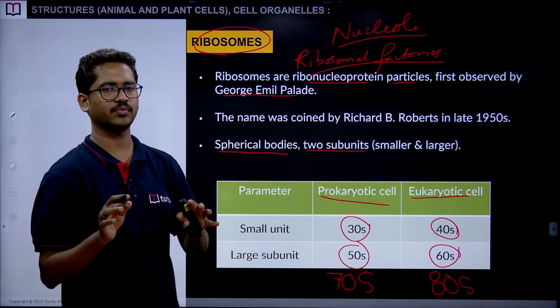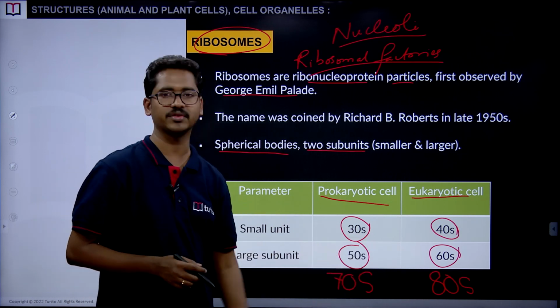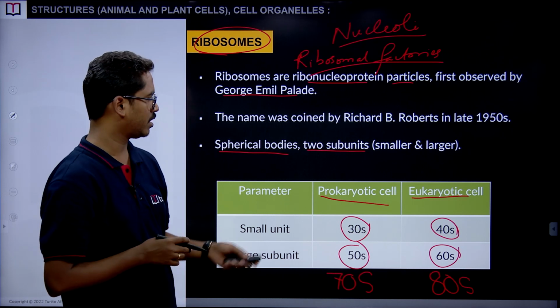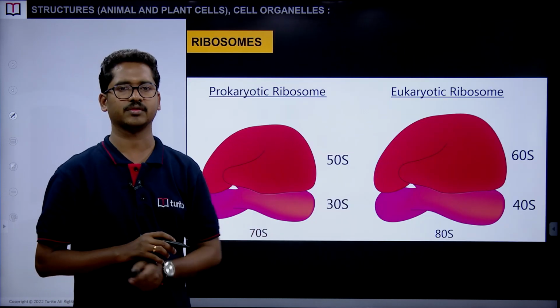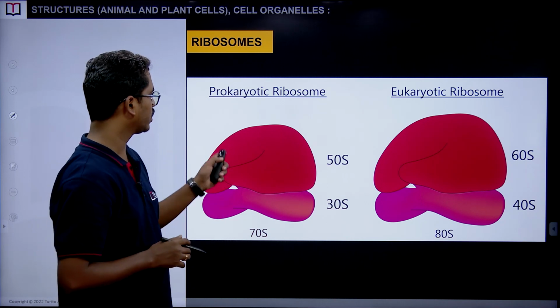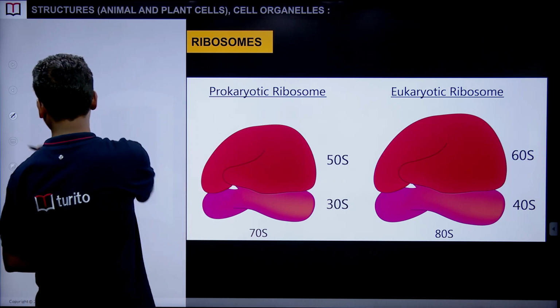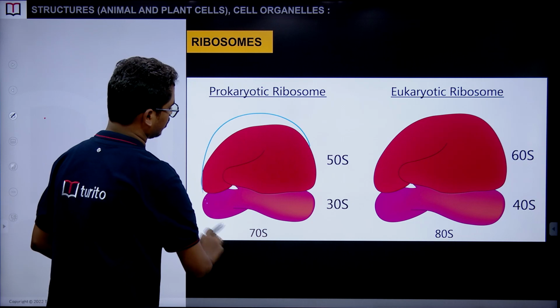I see some questions arising here. What is that S standing next to these numbers? That is what we are here to understand. But first, look at this. This is what a ribosome would look like, and you are not finding any membrane covering these.